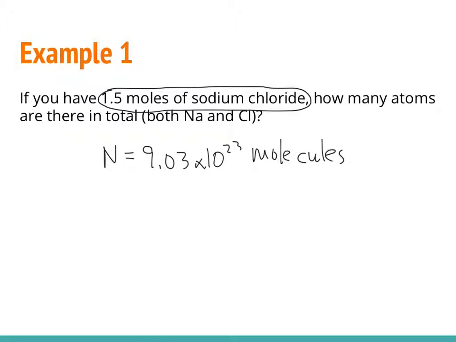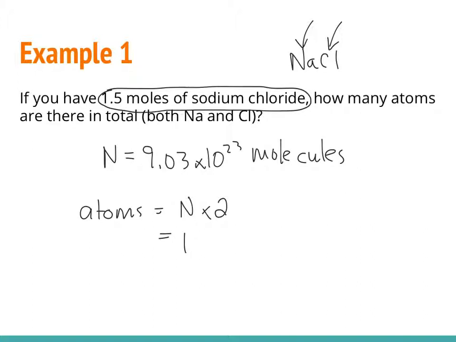Each sodium chloride, so one molecule, has two atoms because sodium chloride's formula is NaCl. There is one atom of sodium and one atom of chlorine. So the total number of atoms is going to be our number of molecules times 2, or 9.03 times 10 to the 23 multiplied by 2.